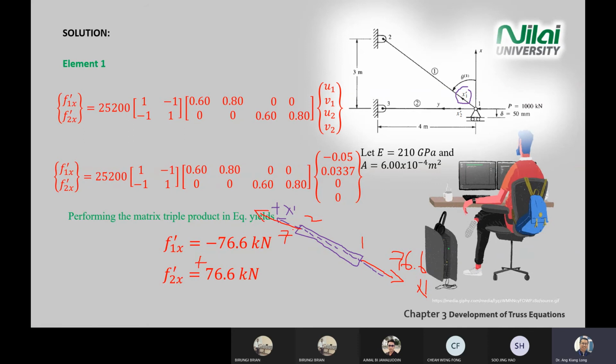So this one is 76.6 kilonewton. If you have two forces pulling at both ends, the result of this action we call tensile loading, or tensile behavior. It means you pull at both ends.